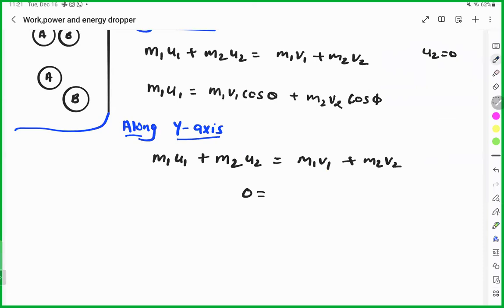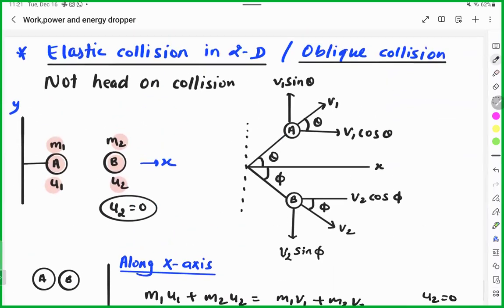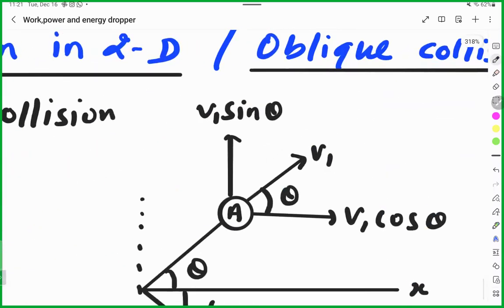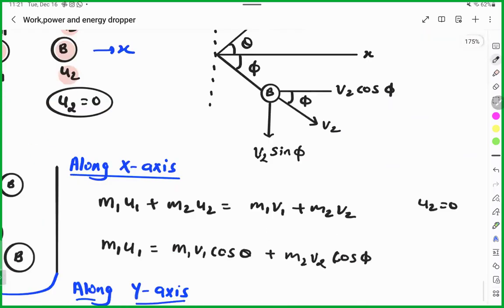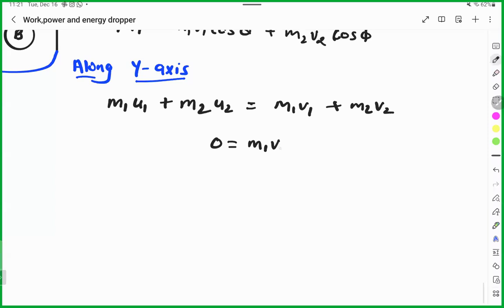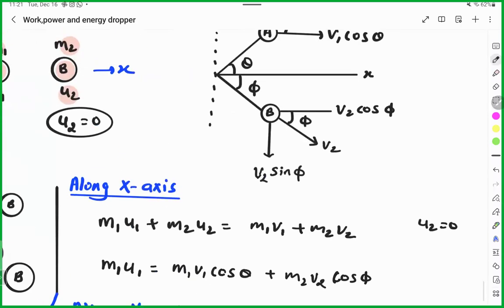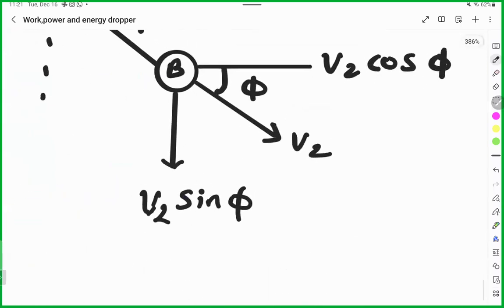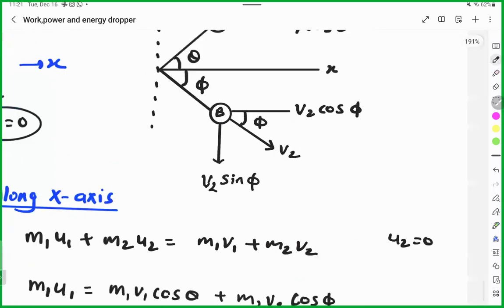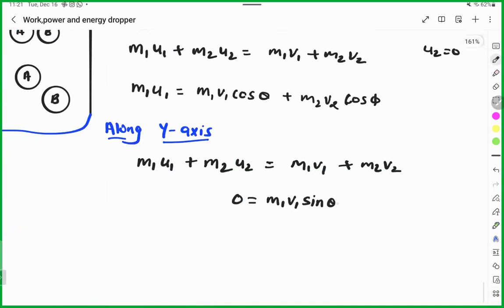Now look at the m1v1 value. In v1, v1 sin theta is in the upward direction, so positive. So I will write m1v1 sin theta in the positive direction. But v2 is in the downward direction, that's why it is negative. So it will be m2v2 sin phi. Yes or no, guys?